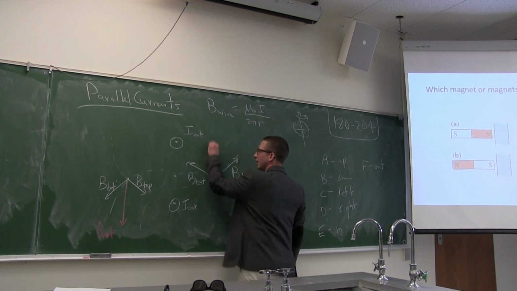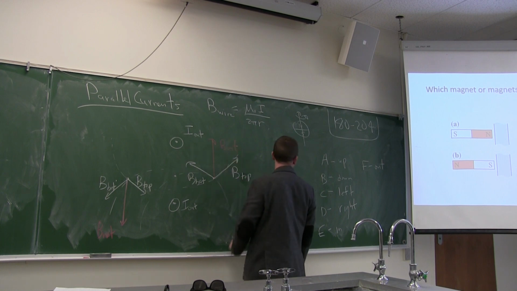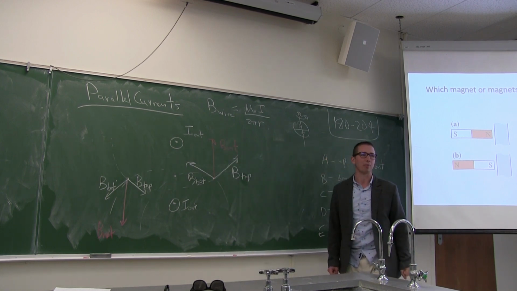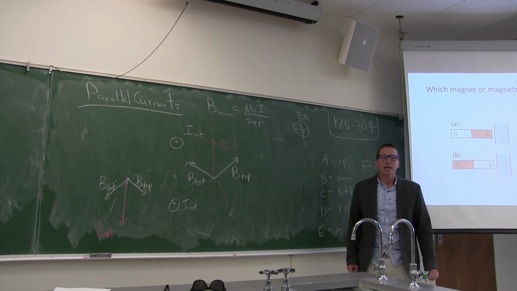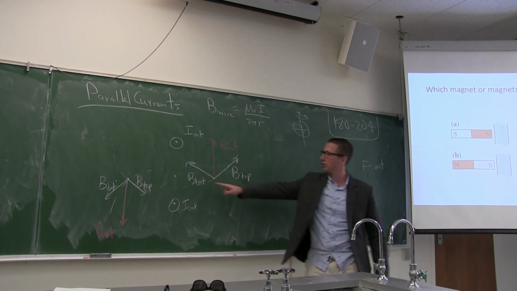And because of the symmetry, we're going to have a net magnetic field that points directly upwards like this. Can anyone tell me what the field is right at the very center point?